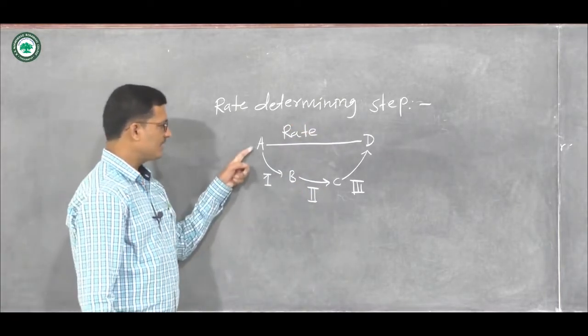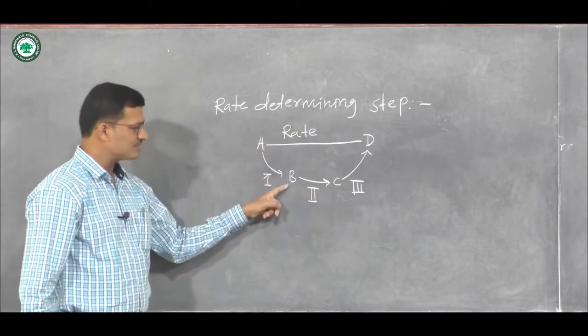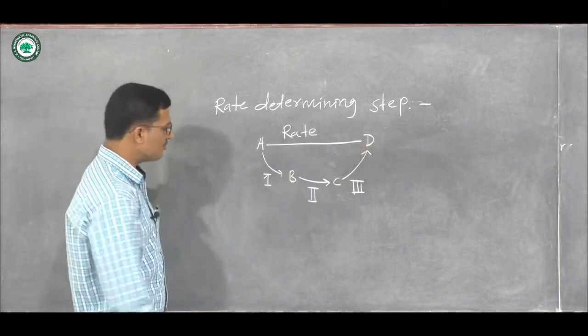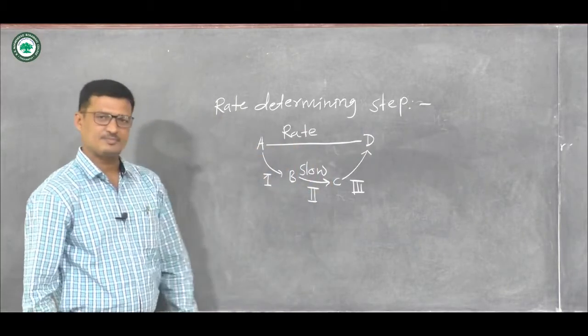Means what happens? A is converted into D by 3 steps. A is converted first into B, B is converted into C, C is converted into D. And suppose we say the second step is a slow step.